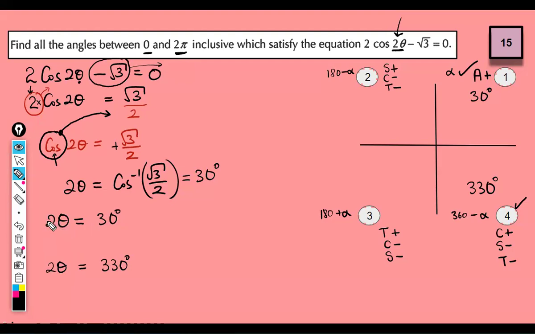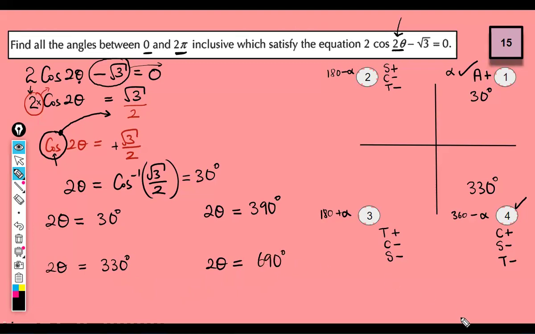So if it was 3 theta, you would add the 360 twice. It's always one less than this number. So that means 2 theta at the same time. Let's add 360 to this. 360 plus 30 is 390. And 2 theta is also equal to, add 360 to 330 for me. 330 plus 360 is 690 degrees.